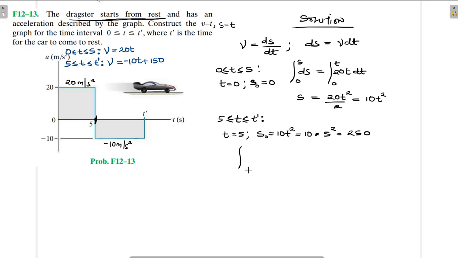Integrating, of course, our s naught starts from 250 because we are starting from here.